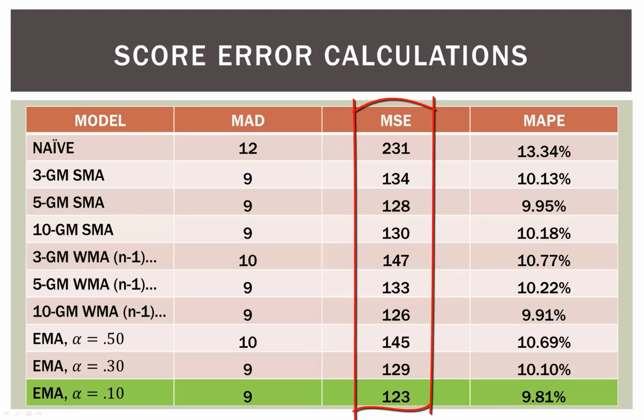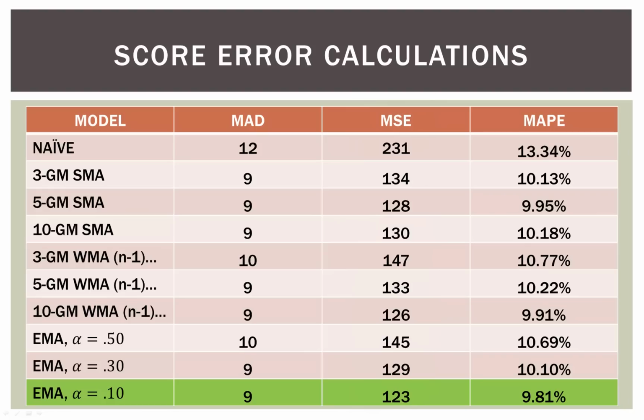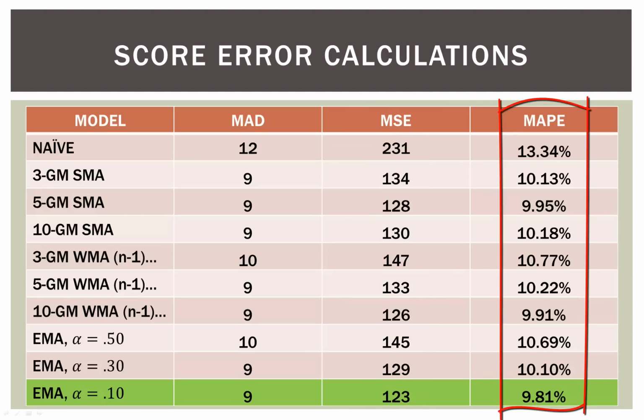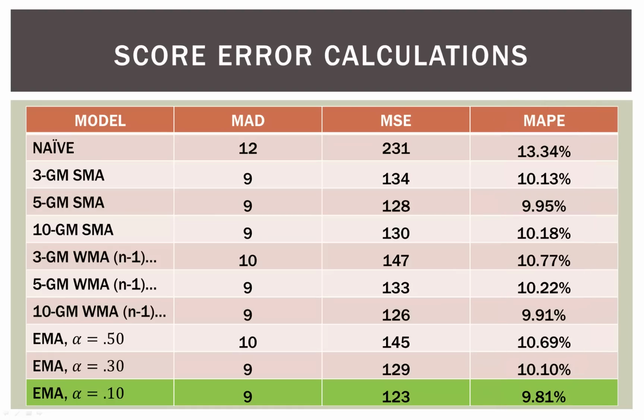Now if we go to the MSE, well, yeah, the EMA at 0.1 is 123, but we do have some low values elsewhere in that column. Now for the MAPE, we have the value of 9.81 for our EMA at alpha equals 0.1, but we also have a low MAPE for the 10-game weighted moving average and the 5-game simple moving average.